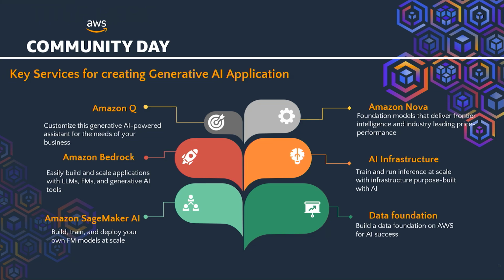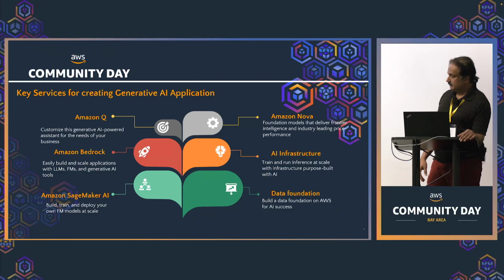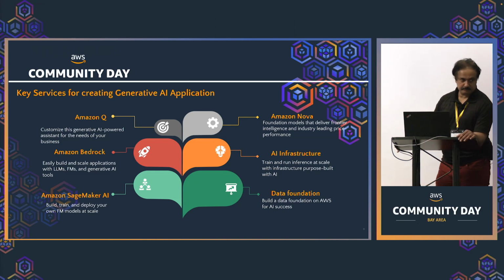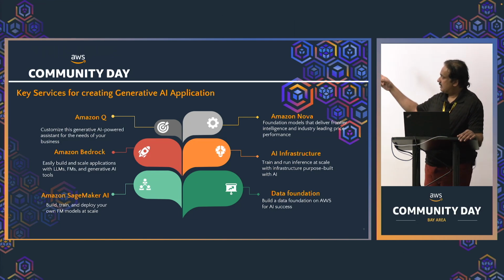So we talked about Gen AI applications and AI agents. The key services for creating Gen AI applications: Amazon Q, the most common use case, chatbot, request-response kind of thing. Amazon Bedrock, to be able to build and scale applications using the foundation models that are available. Amazon SageMaker, to design, deploy, operate, manage, and maintain the whole life cycle. And Amazon Nova, which has some pre-tuned models that you can use to train your data.